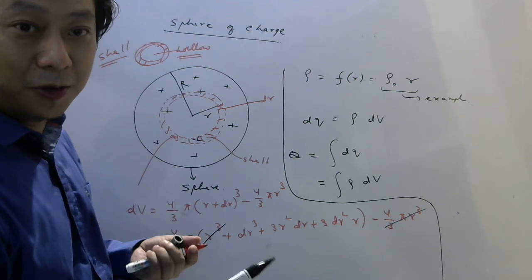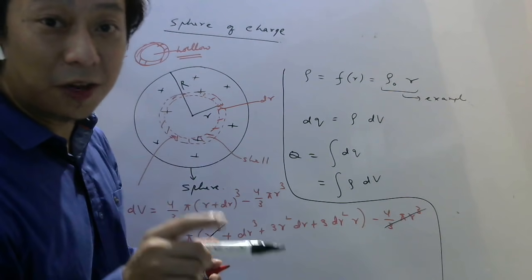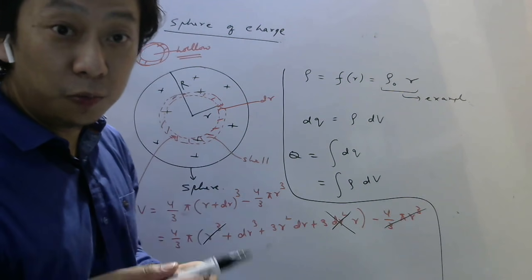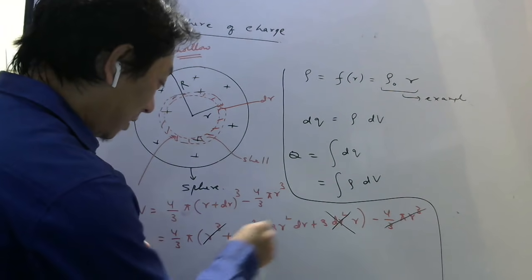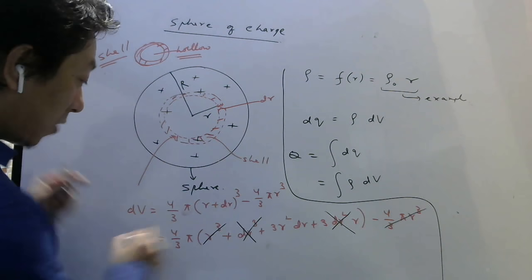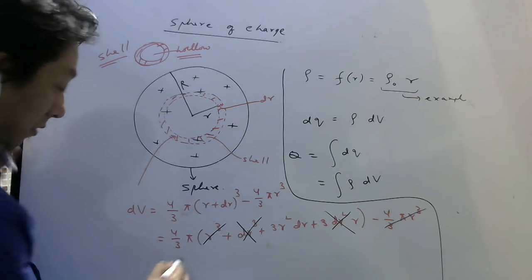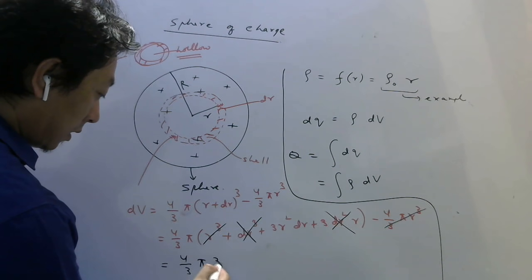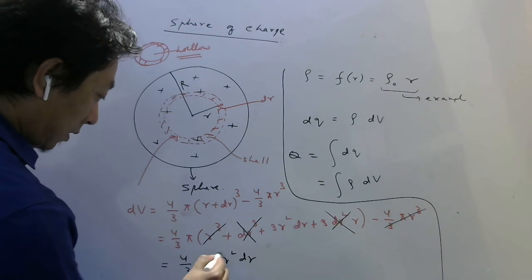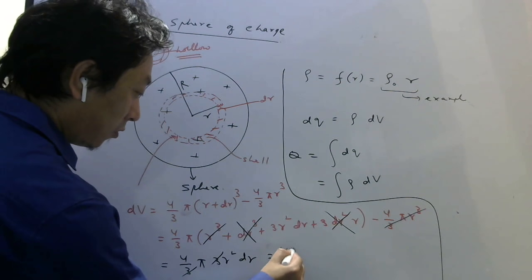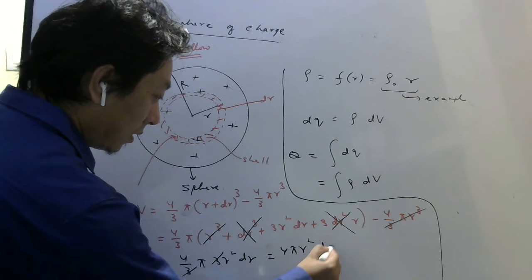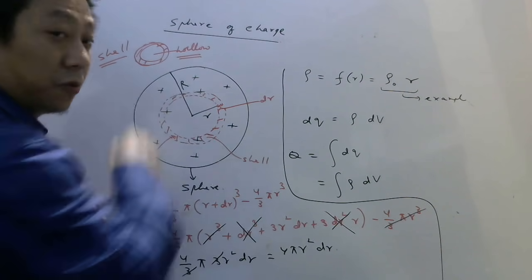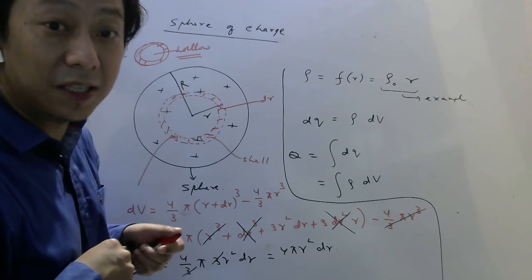And already I have told you dr is very small. So dr square will be negligible. Dr cube will be even more negligible, so dr cube will also be out. So what is left now? Look carefully. 4 by 3 pi, here 3 r square dr. 3 cancels. 4 pi r square dr. So that is the volume of this shell, whose radius is r and thickness is dr.